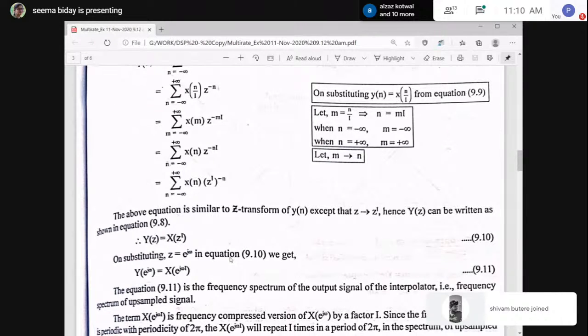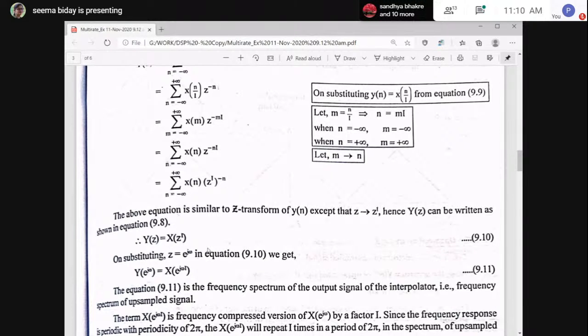And in the frequency domain analysis, we have seen Y(z) equal to X(z raised to I). This also we have derived everything. And I asked you to derive in a similar way for the decimator. In the decimator, you will find X(z by D). Here z raised to I is there, so that should be kept in mind.